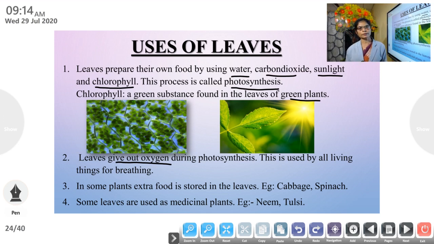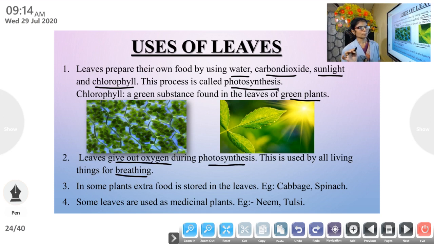But other living things like us, human beings, animals, etc., use oxygen for breathing. We give out carbon dioxide and take in oxygen for breathing. But leaves give out oxygen during photosynthesis. This is used by all living things for breathing.